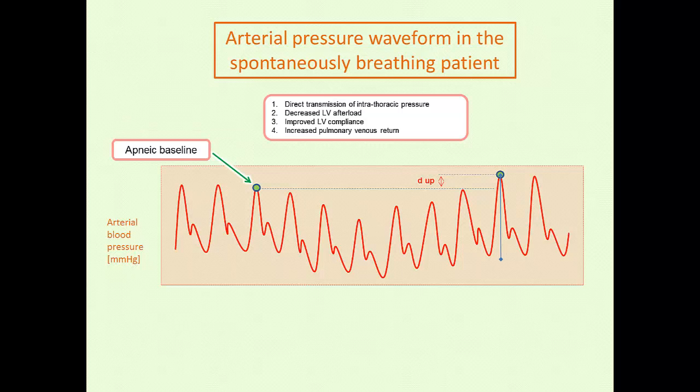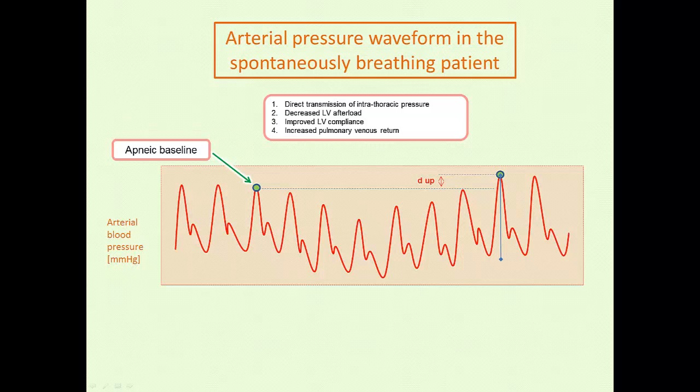which tends to retard D down or diminish the amount of D down. But at the same time, during inspiration, the right heart is charging the pulmonary vascular bed with blood. Well, the converse is true during expiration.